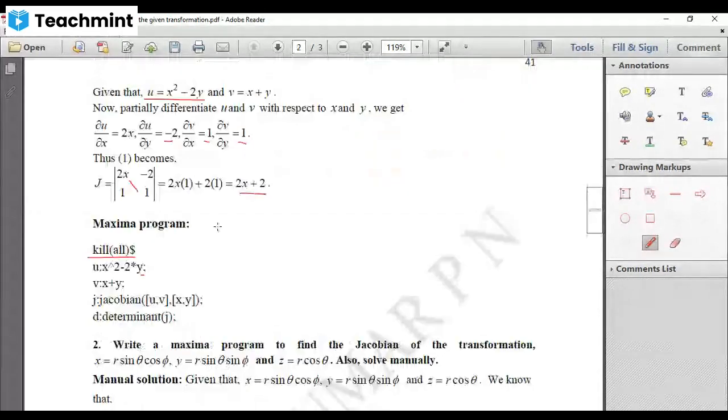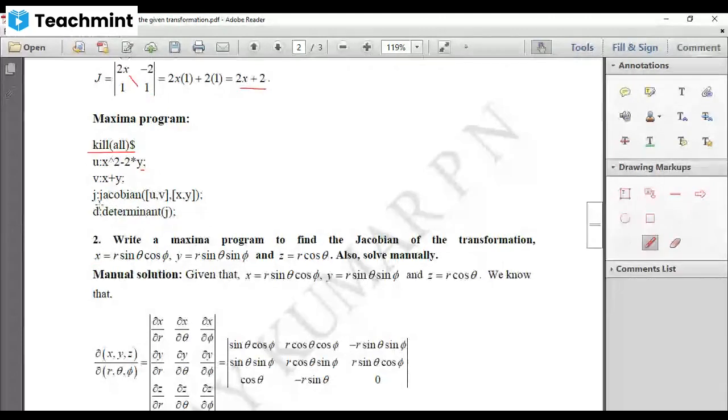So jacobian, all the letters in small case, within the first square bracket you give u comma v, the dependent variables, and in the second square bracket you give the independent variables, that is x comma y. Semicolon: if you give a semicolon, it displays, and it is stored in J. So this Jacobian matrix is stored in J.